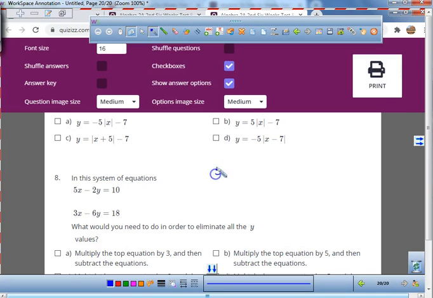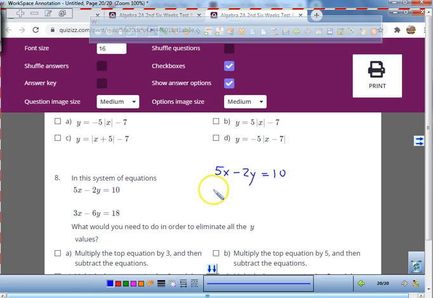So check this out. We got 5x minus 2y equals 10, all right? And we have 3x minus 6y equals 18. And what do we have to eliminate? All of the y values. So here's one of the things I could do.